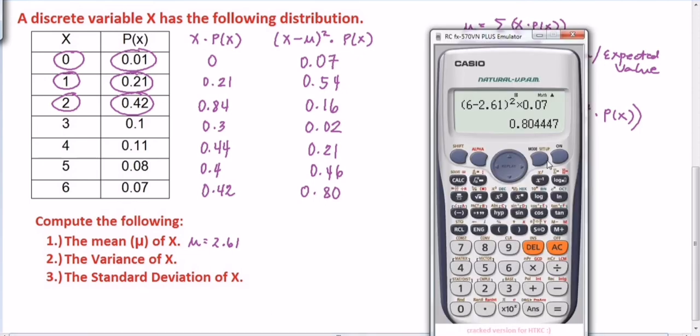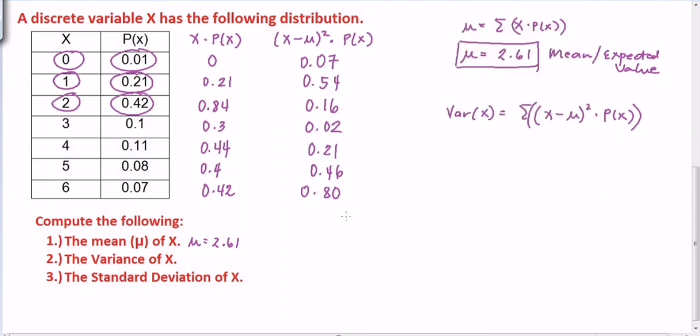So, i-add ko lang din to, parang ginawa natin kanina dito sa column na to. So, add ko 0.07 plus 0.54 plus 0.16 plus 0.02 plus 0.21 plus 0.46 plus 0.80. So, the answer is 2.26. So, ang ating variance of x is 2.26.